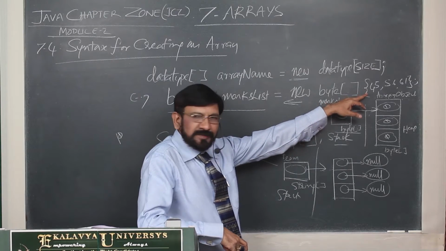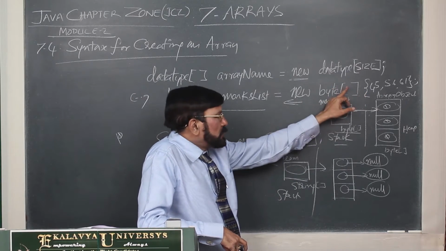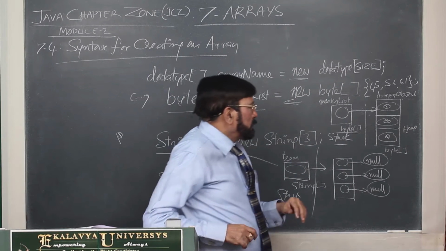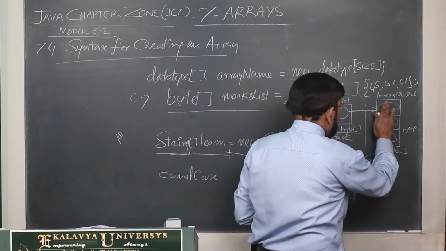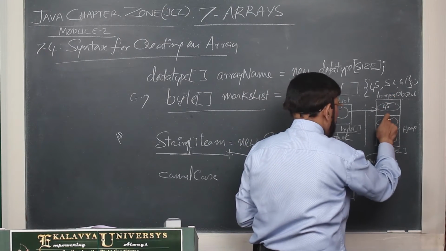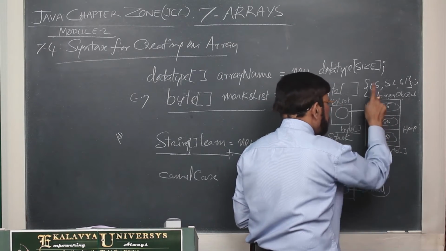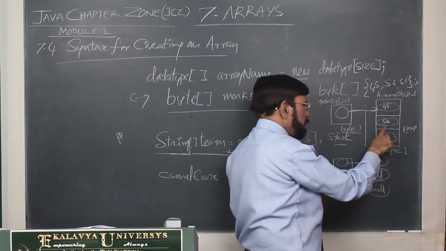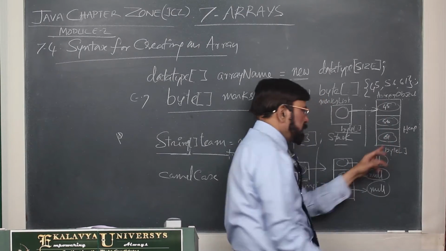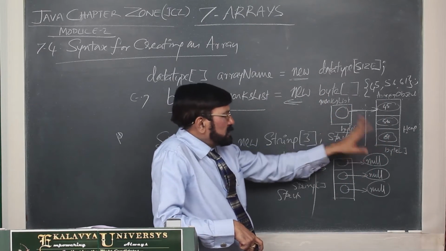Whenever you are initializing in this manner, you should not mention the size here. That point you remember, otherwise it leads to a syntax error. In such a case, what happens? The 0 is replaced by 45, the 0 default value is replaced by 56, and the third 0 is replaced by 61.